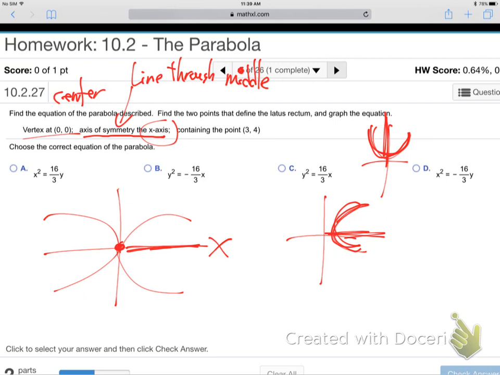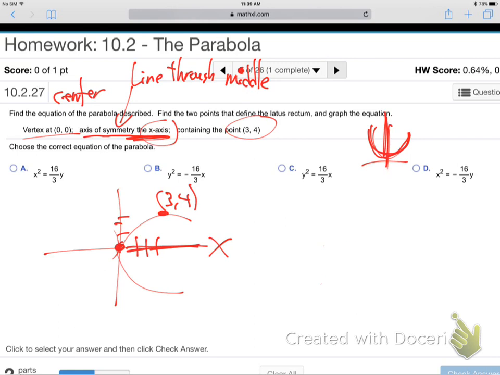And they're saying the x-axis is its symmetry line, the line that spears through the middle. So it's either right or left. How do we know which one? Well, they gave me a point. Over 3, up 4. So this point on the parabola, 3, 4, means it must be going to the right, not to the left. Does that make sense? So there's the general look. Can you write the general equation now?